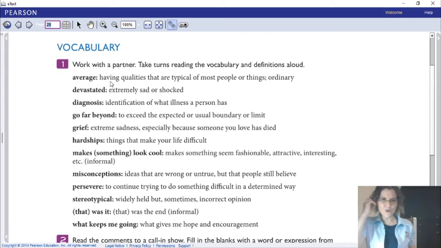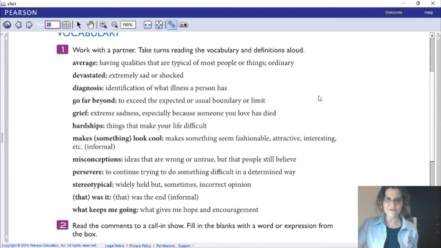Average means having qualities that are typical of most people or things. So it's more ordinary when it is average. Devastated means extremely sad or shocked. Diagnosis, identification of what illness a person has. That's something a doctor would give you after thorough examinations.